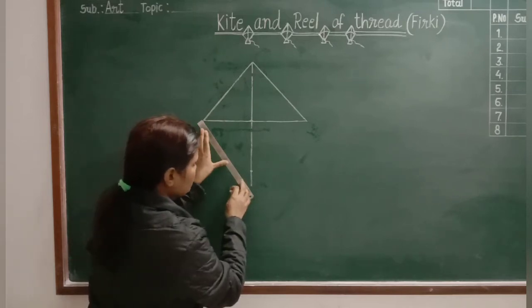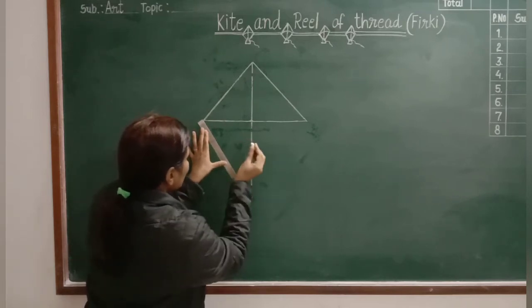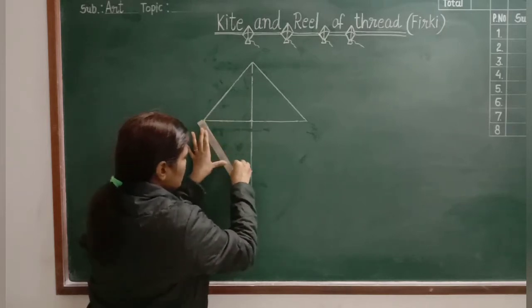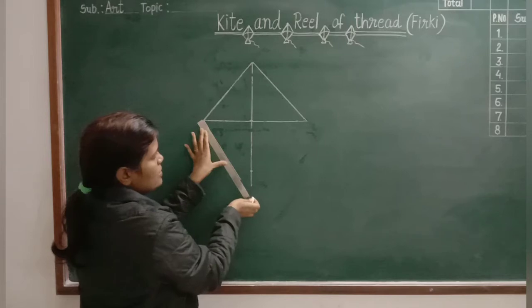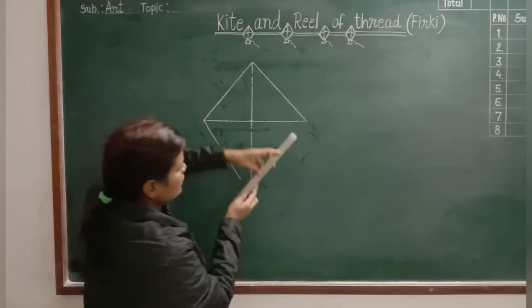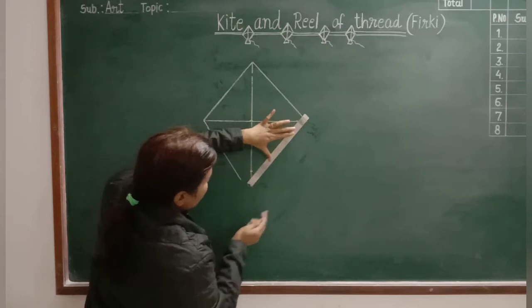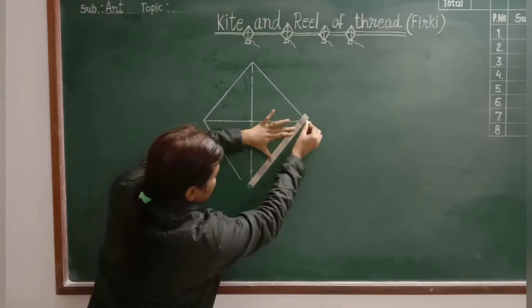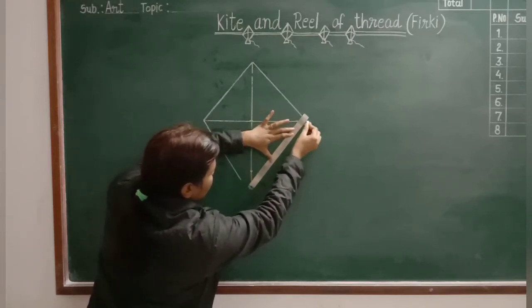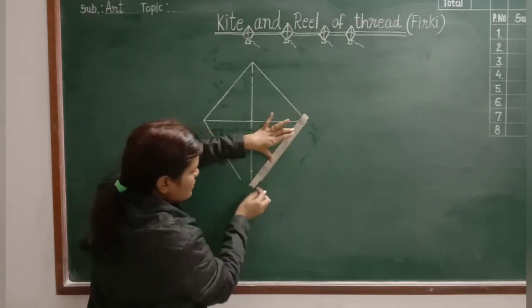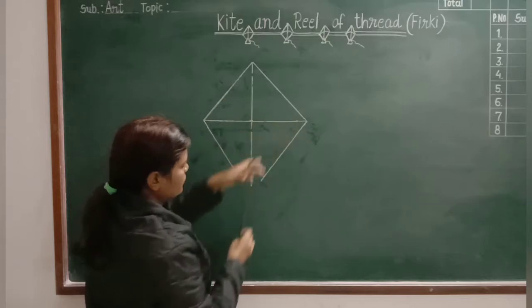So till here, like this. Then in the same way till here, like this, slanting line, stop till here.